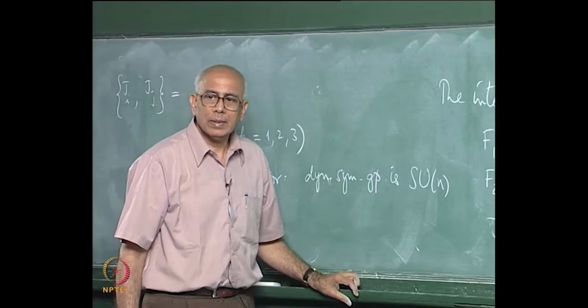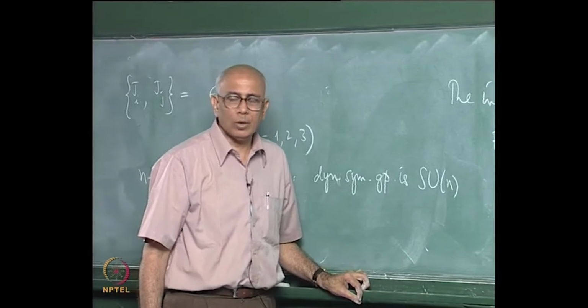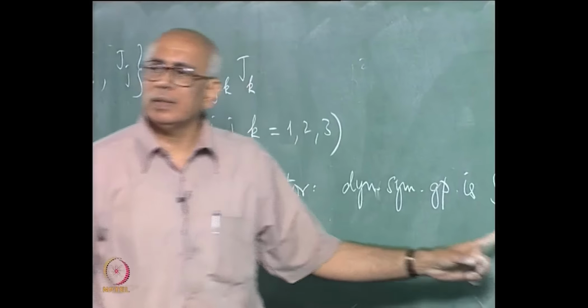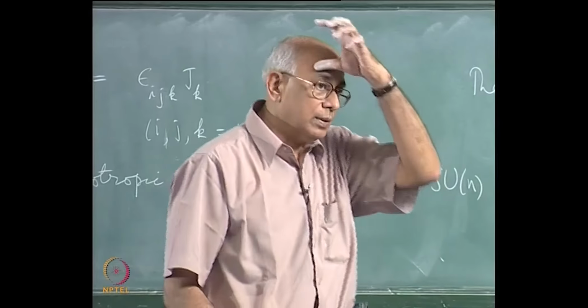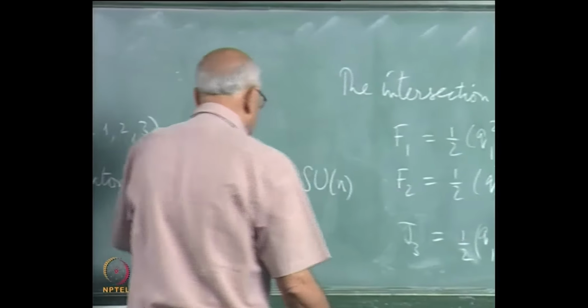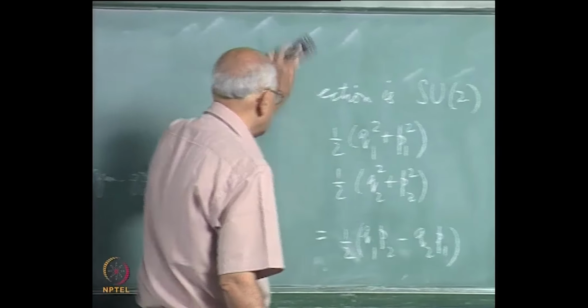So, no, it does not obey this algebra, it obeys a more complicated algebra, but the question you could ask is how many of these are there? That is something we can directly answer. How many generators do you think there are in SU(n)?